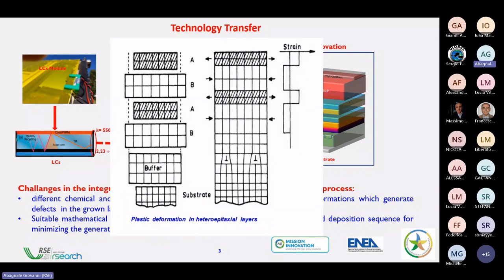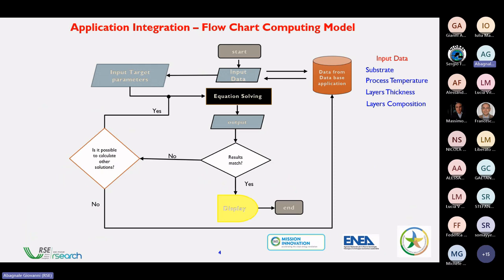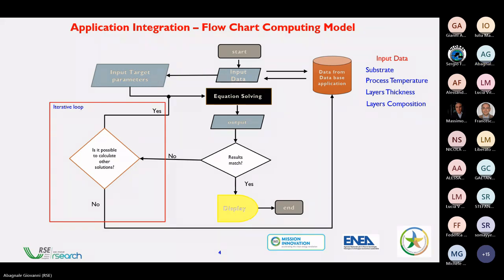This is an example of the plastic deformation in an epitaxial system. So we developed a software application based on the flow chart shown in this slide. According to the flow, we can calculate several parameters of the simulated epitaxial template by solving this equation set.